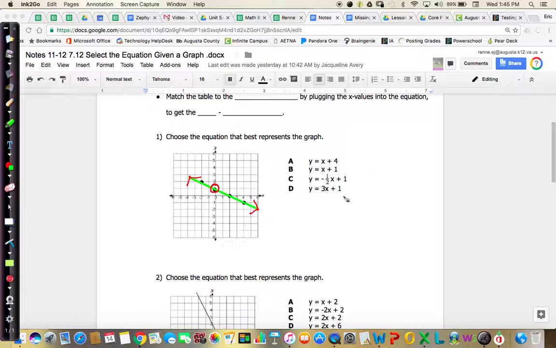Now, I said to pick 3 coordinates, so we're going to make our xy table. I can pick any 3, okay? And I said to go from left to right, so this is the first one from left to right, and I see -2, 2. Now, this one is 0, 1, but a lot of times people have trouble writing that one.